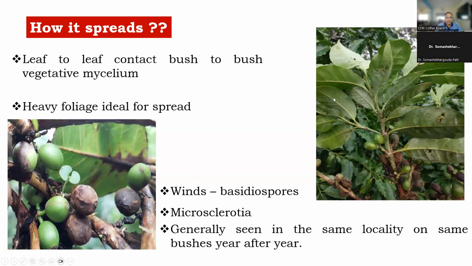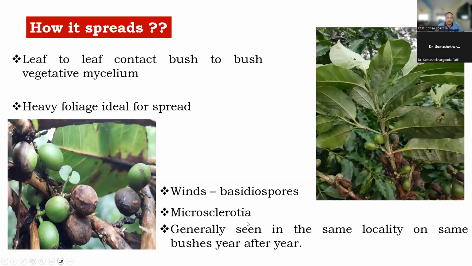And this pathogen also produces basidiospores. These basidiospores will spread through the wind as well as rain splash, and this pathogen also produces small microsclerotia, tiny, very microscopic sclerotial particles.